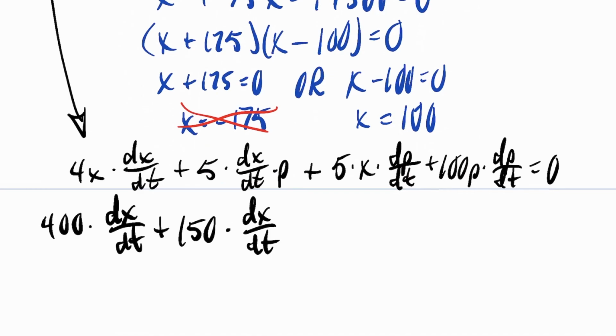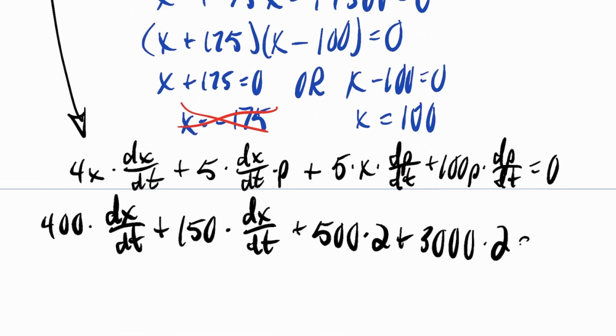Okay, so now plus 500 times 2 plus 3,000 times 2 equals 0. Okay, I think that's all done correctly.